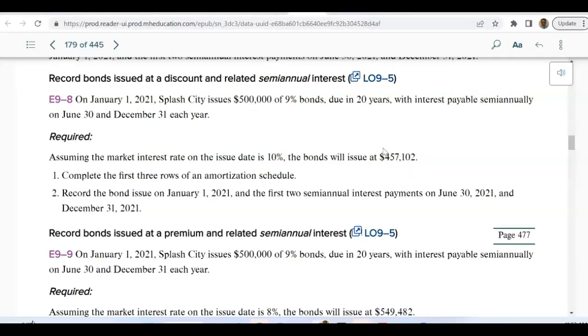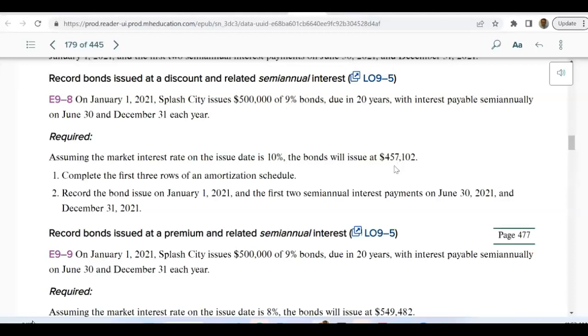And why do they get a discount today? They get a discount today because the market interest rate is higher than the bond stated interest rate. Bond stated interest rate is 9%. Bond market rate is 10%. So the market is higher, but the stated rate is 9%.